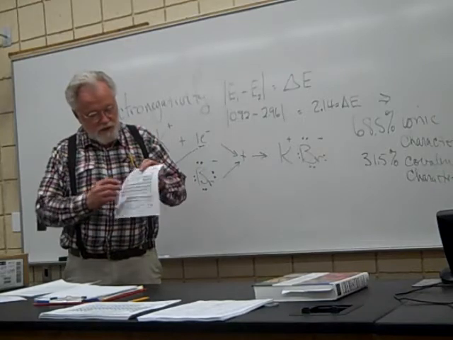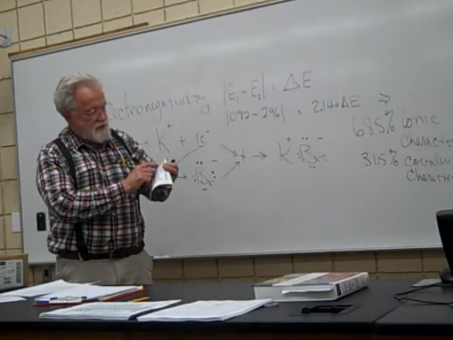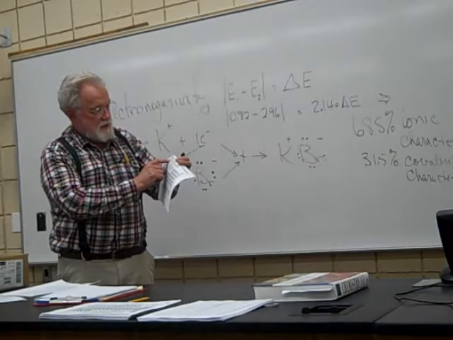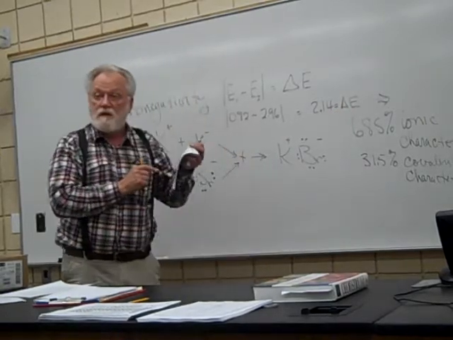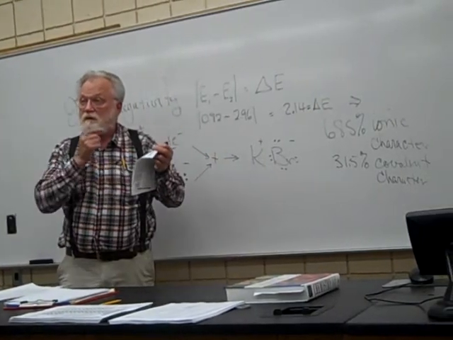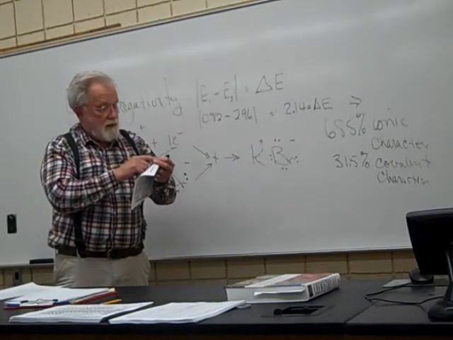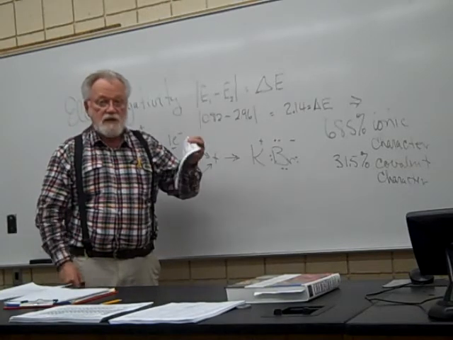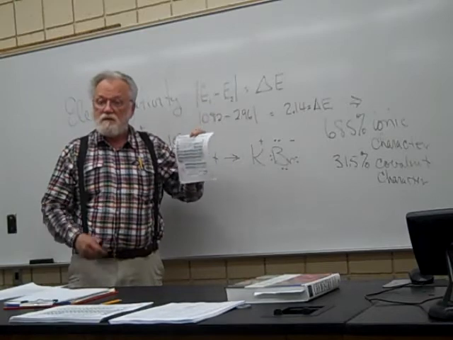You see that it's 0.5% ionic if this number here is 0.1. How would we make the difference in electronegativities of the atoms very, very small?